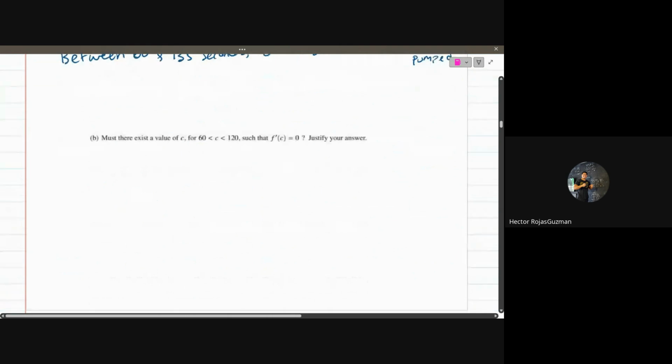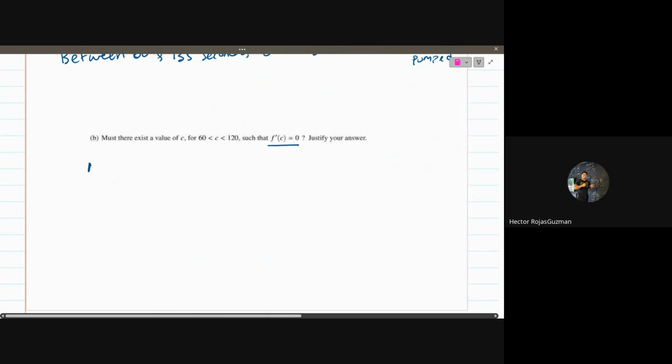Moving on to part B. Must there exist a value of c in the interval from 60 to 120 such that f prime of c is equal to 0? Okay, well, for this, since we're talking about a derivative being 0, we have to use the mean value theorem.